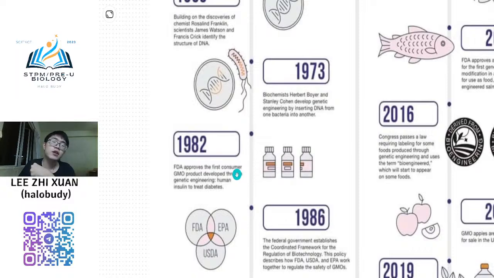But if you use insulin from those animals, there is a high risk of contamination or rejection in diabetes patients. So when genetic engineering was discovered and used to produce human insulin, it could produce a large amount of human insulin in a very short time.